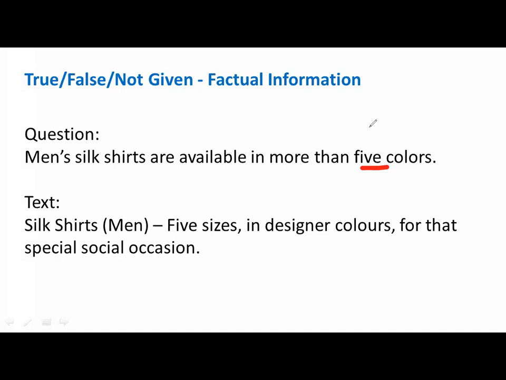As I said you earlier, just keep 2 things in mind: the information is wrong or the information is opposite. And the opposite of more is less. So if the information will say that men's silk shirts are available in less than 5 colors, so if we find the opposite, or if we find the wrong information, we would say it false.